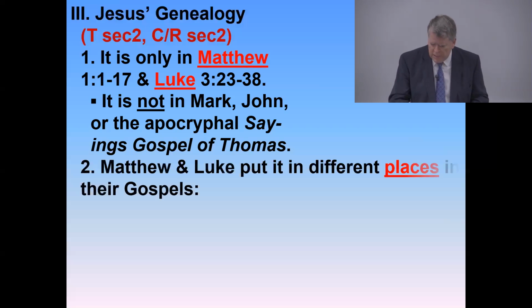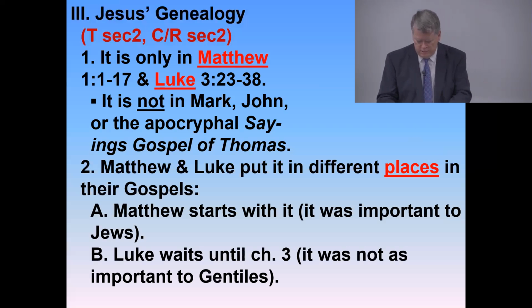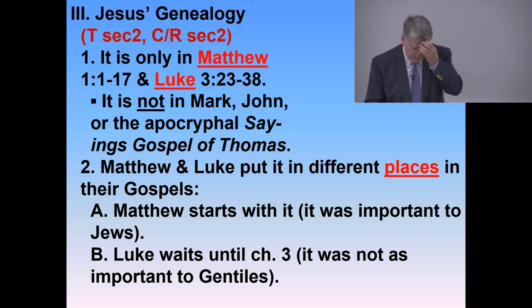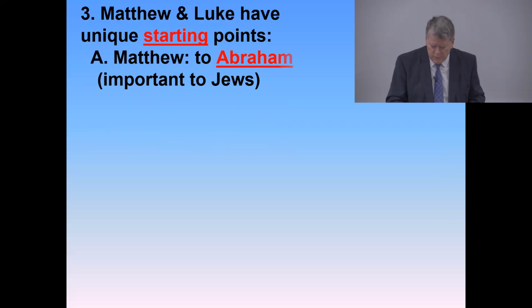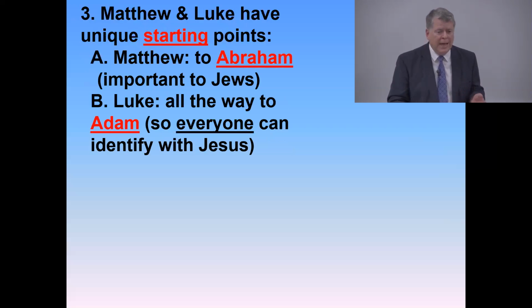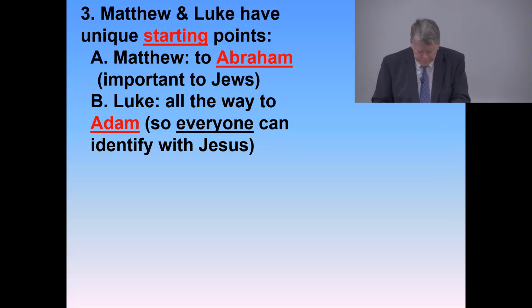So, as already mentioned, they put the genealogy in different places. Matthew starts with it because it's important to the Jews, and Luke waits because non-Jews didn't really know about that. Then different starting points: Matthew to Abraham and Luke to Adam, so everybody can identify, because we do all go back to Adam.